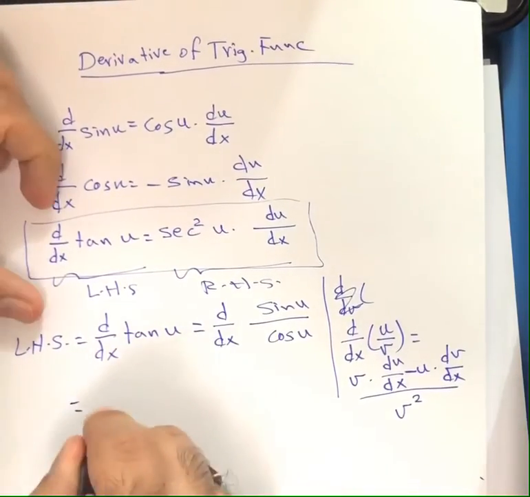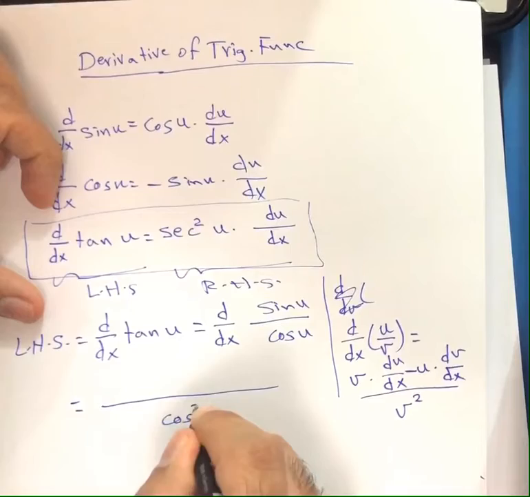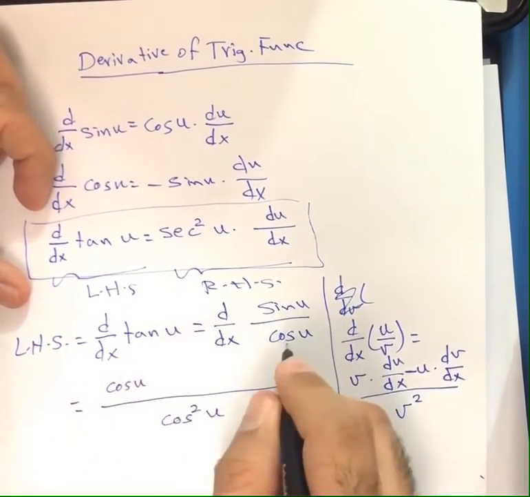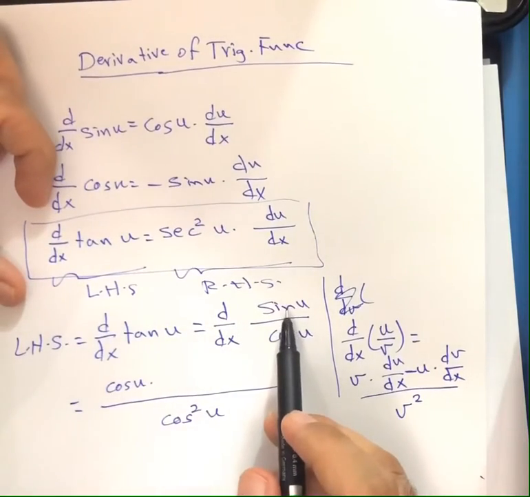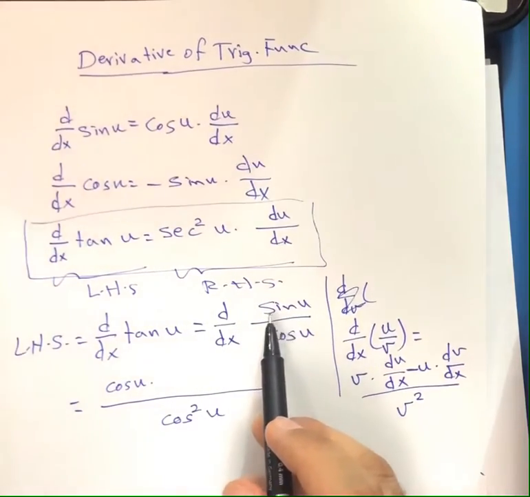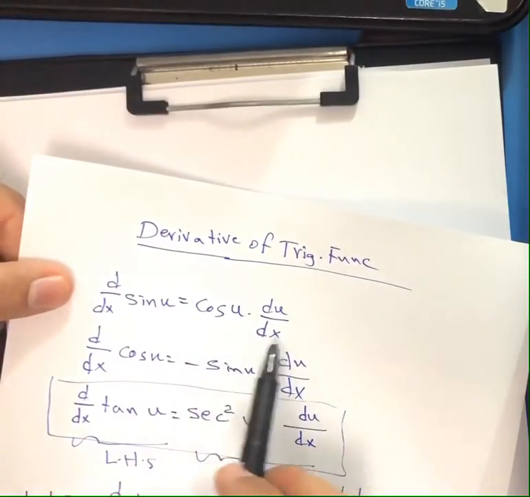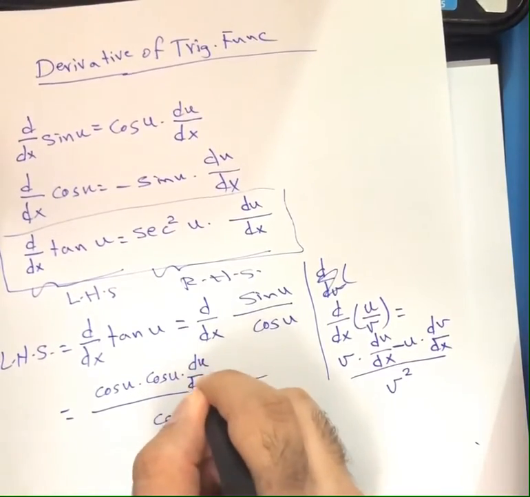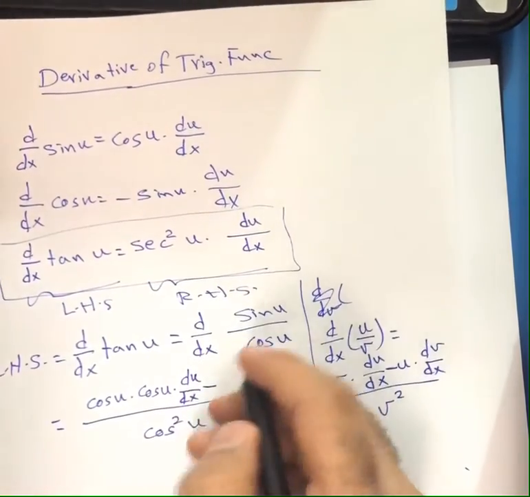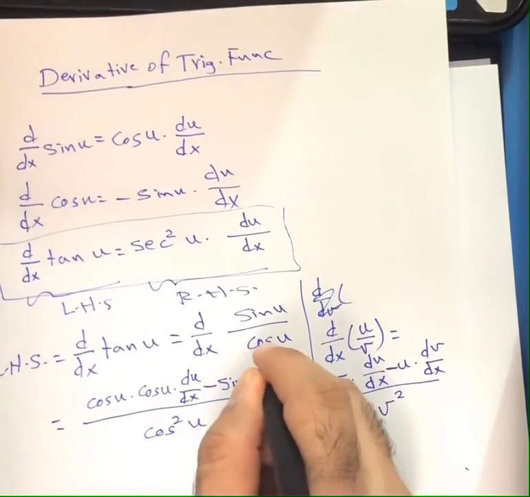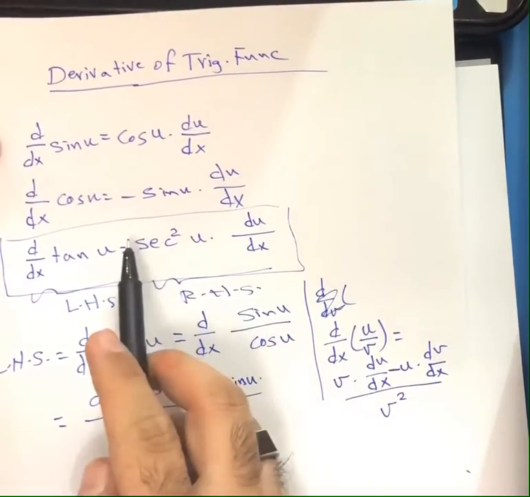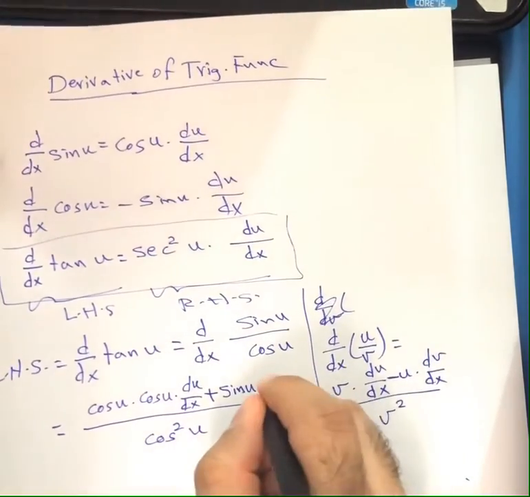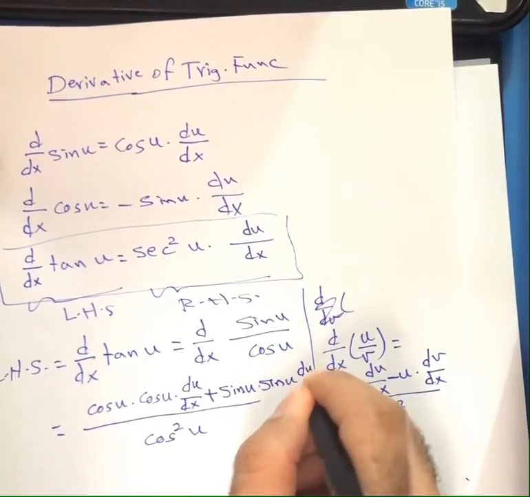We can write cosine square u in the denominator, and here I can write cosine u, which is the denominator, multiplied by the derivative of the numerator, which is sine u, and the derivative of sine u is cosine u, so cosine u multiplied by du by dx, minus sine u multiplied by the derivative of cosine, which is minus sine, so this minus becomes positive: sine u du by dx.